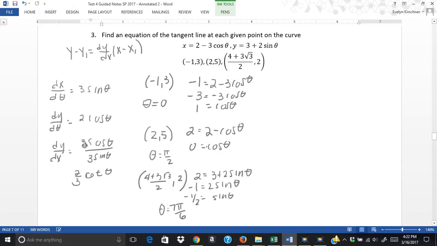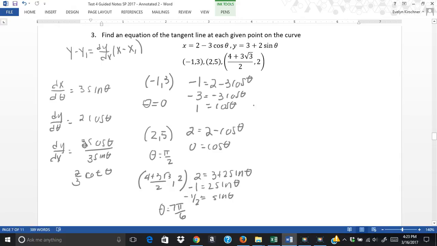And remember that we're going to use the inverses and where they're defined. Oh, actually, we know that it's going to be 7 pi over 6 in that quadrant, the third quadrant.